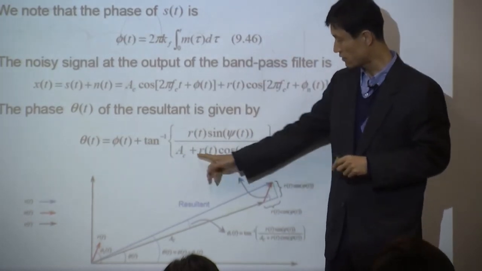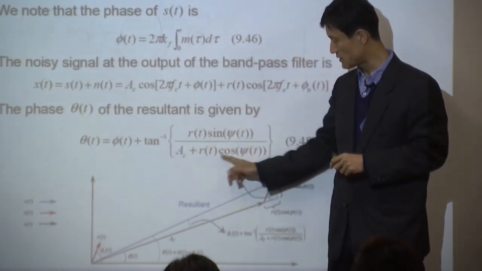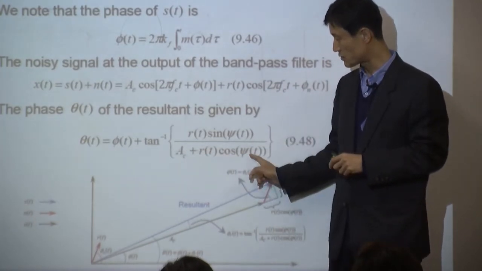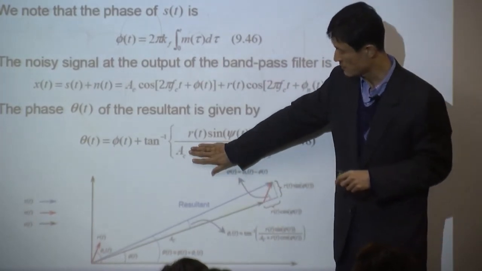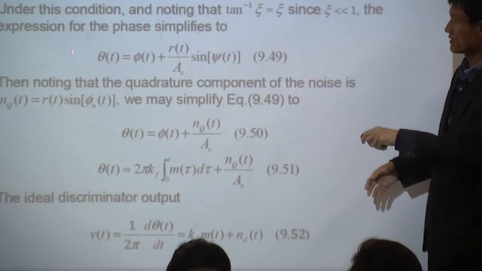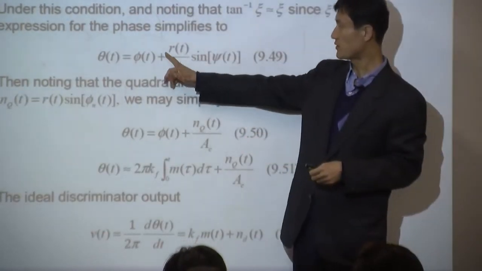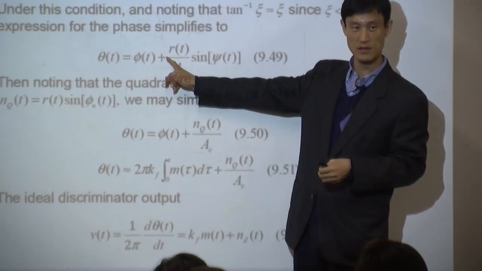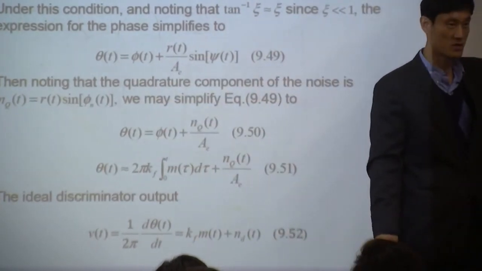Also, A c plus this, A c is much larger than this, so we can simply drop this one. So when you do all that, we get this. We drop the tangent inverse because of this approximation.